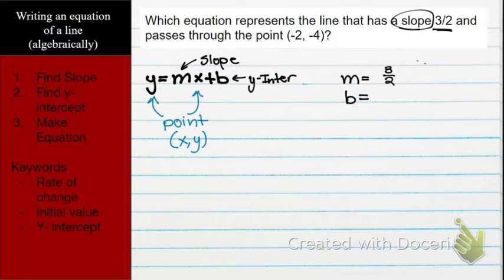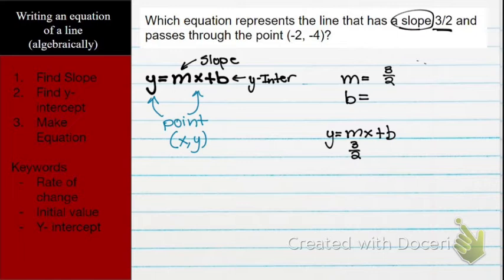So let's start plugging stuff in. When I say plug in, what we're doing is taking the formula, the template, y equals mx plus b, and filling stuff in. We know that the slope is 3 over 2. We don't know what b is, but we know the point that they gave us, and I told you up here that this point is any ordered pair from the line. They gave us the point (-2, -4).